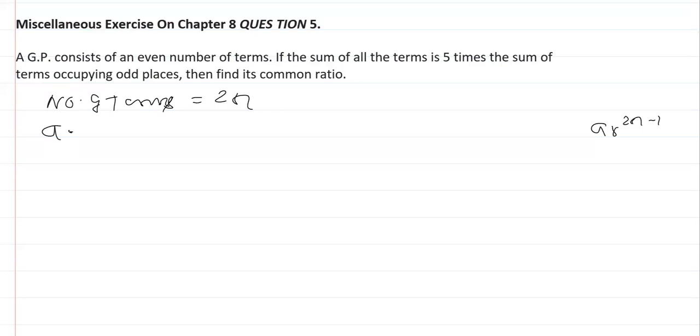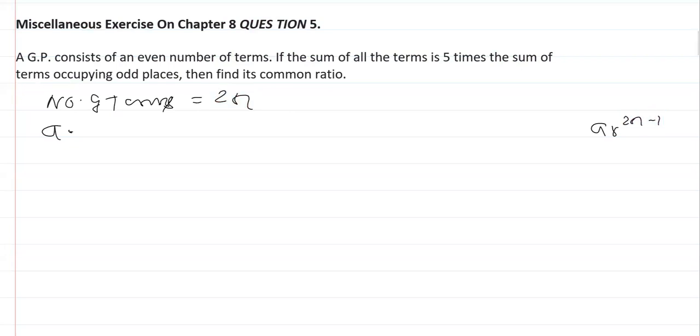Why so? When there are n terms, we write ar raised to the power n minus 1. But here the number of terms is 2n, therefore we must write ar raised to the power 2n minus 1.